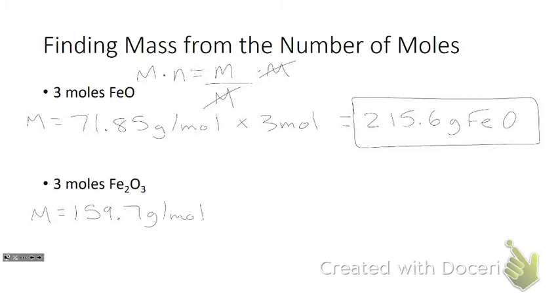We have 3 moles present, so our units will cancel, just like they did up here. And we will get a value of 479.1 grams of Fe2O3.